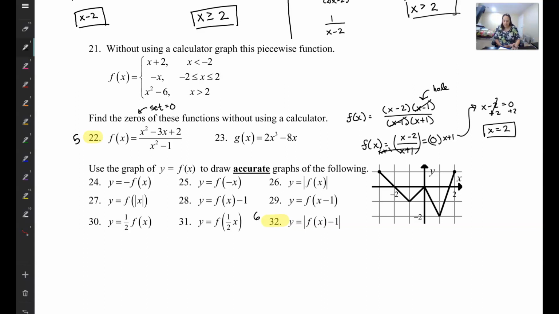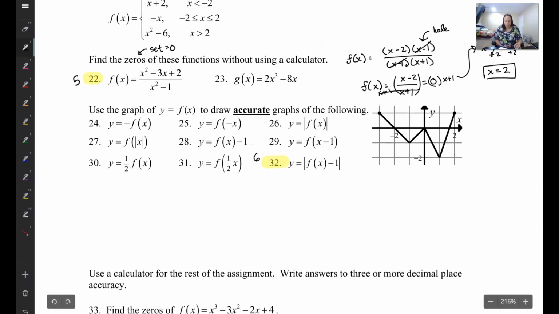Hopefully that helps with that one. Let's look at number 32. This one, the number one thing we need to think of is order of operations. So I'm going to think my transformations. This minus 1 is on the outside of the function f of x. It's inside the absolute value, but it's outside the function, and that's what we care about.